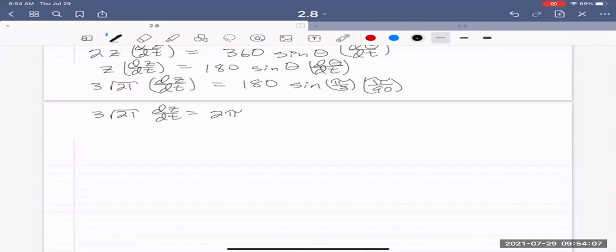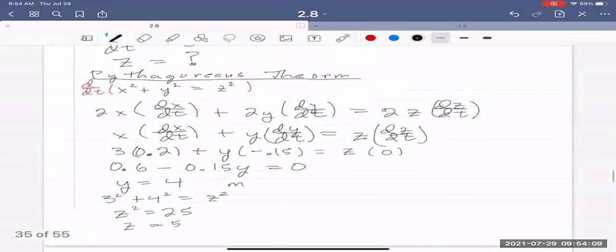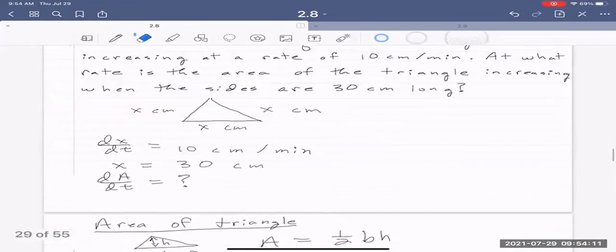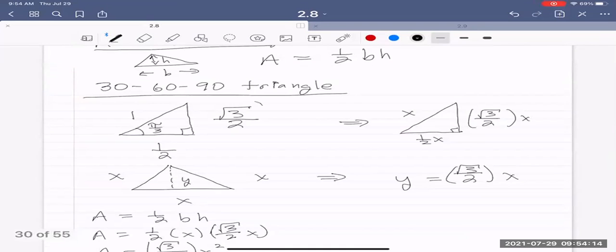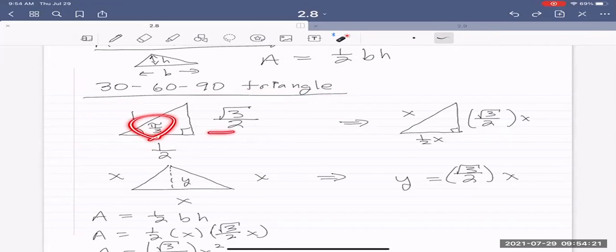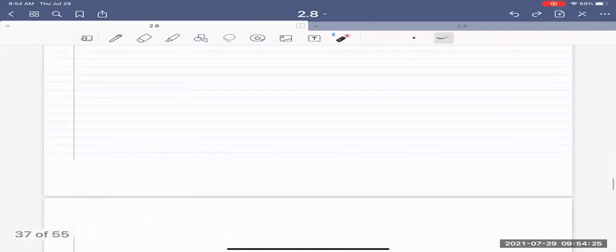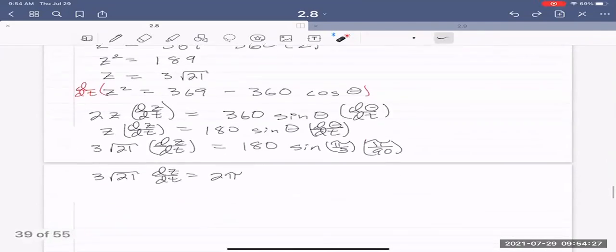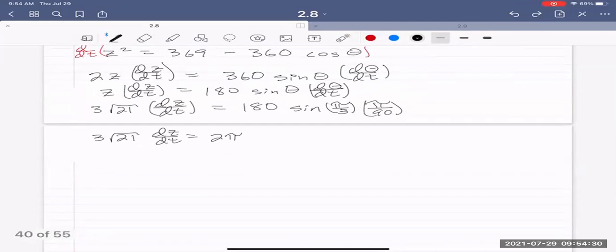The sine of pi over 3, we just had it over here, is rad 3 over 2. Obviously, the 2's are going to cancel.